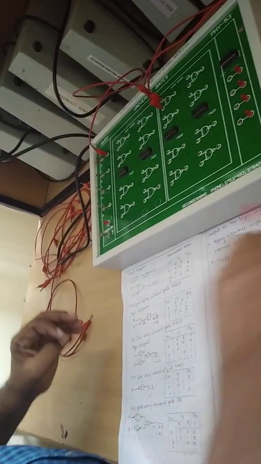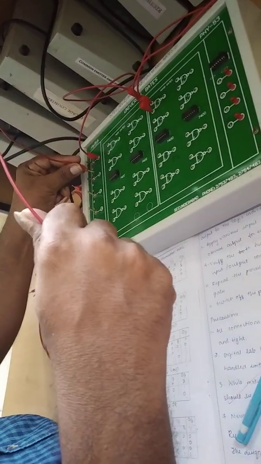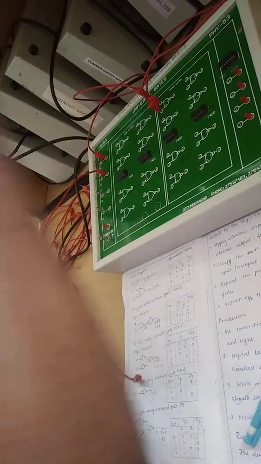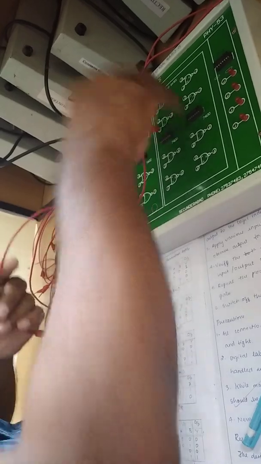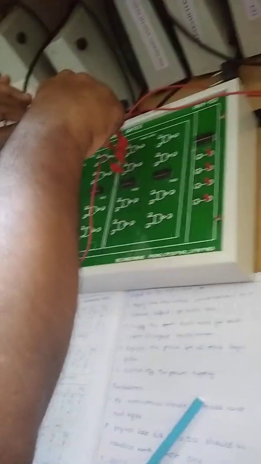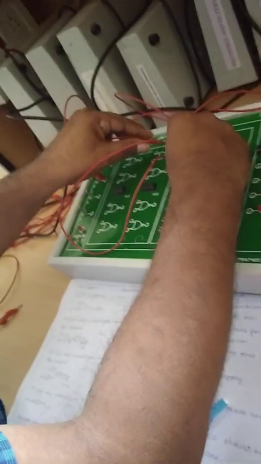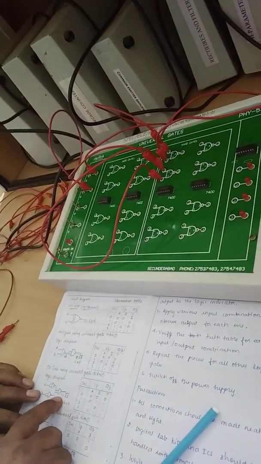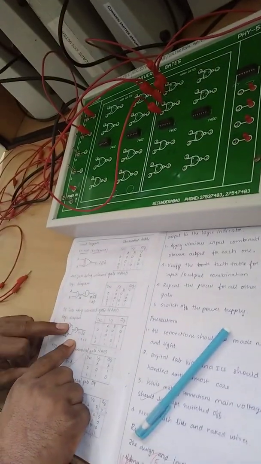Next, B is applied. Another input is B. B is applied to another NAND gate. These two are also shorted. Now apply this one. Please all of you see the circuit connections. Once you understand connections, automatically very simple. So next, these two are shorted.